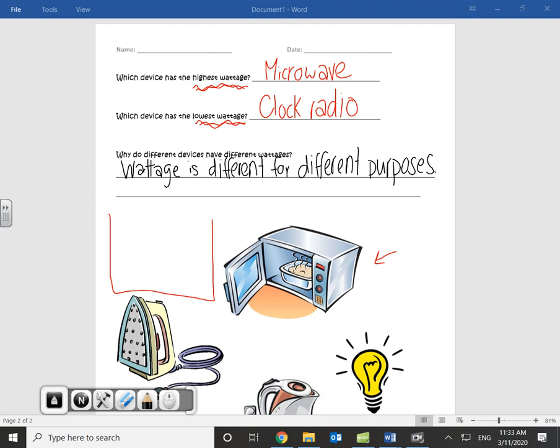Okay, and I'd also like you to write devices that heat things, like I said, and even cool things, but more heat things. Devices that heat things require way more wattage than other devices.